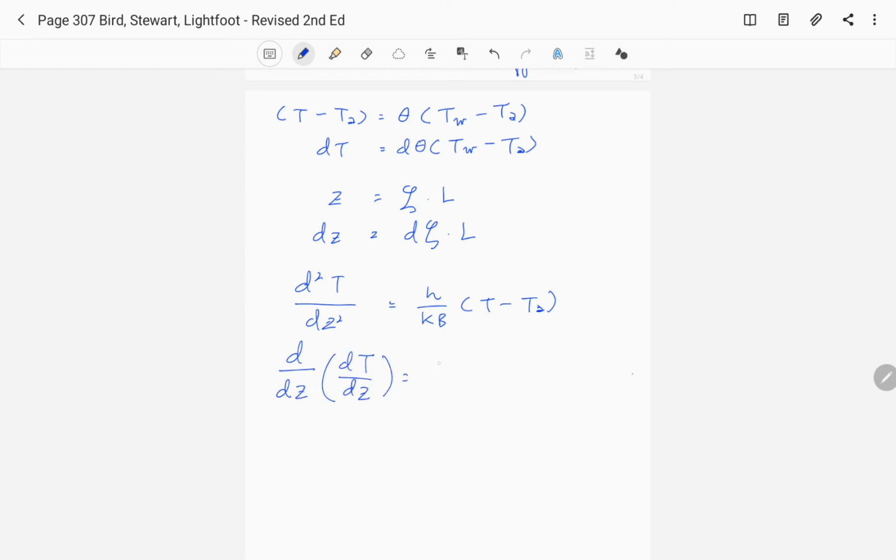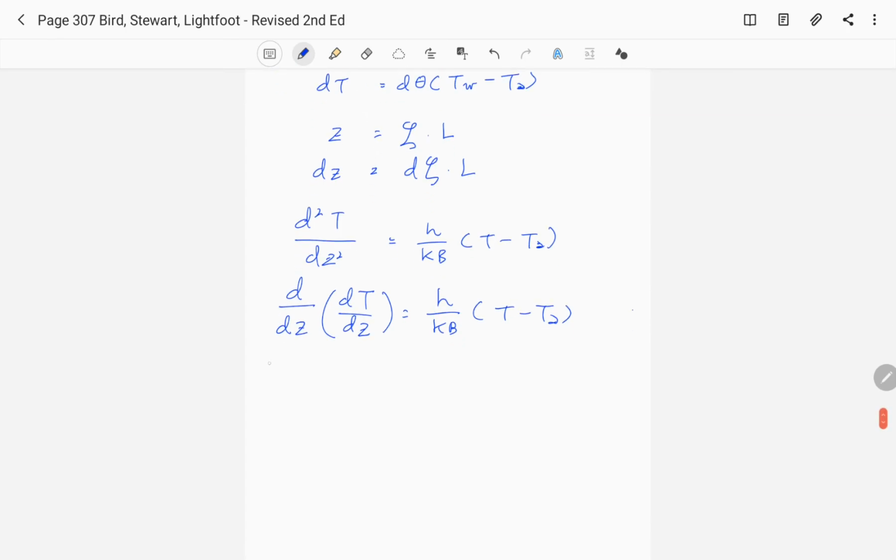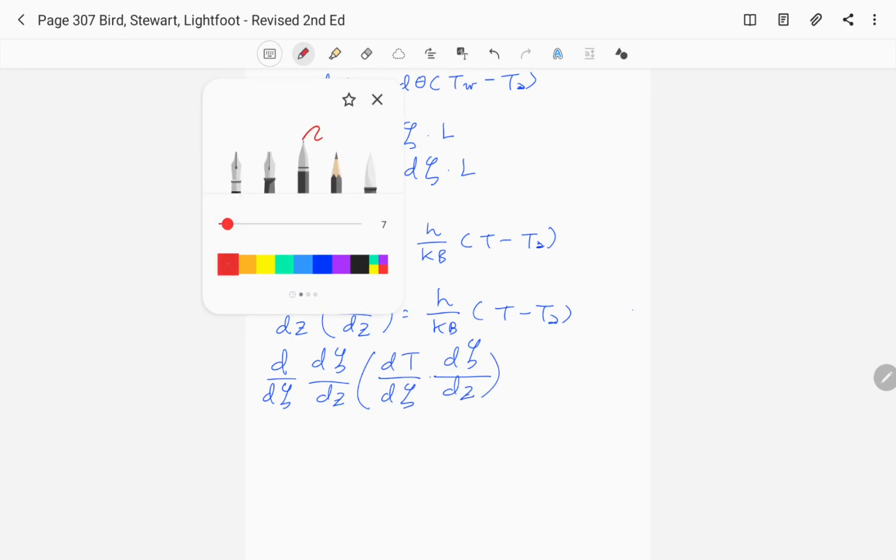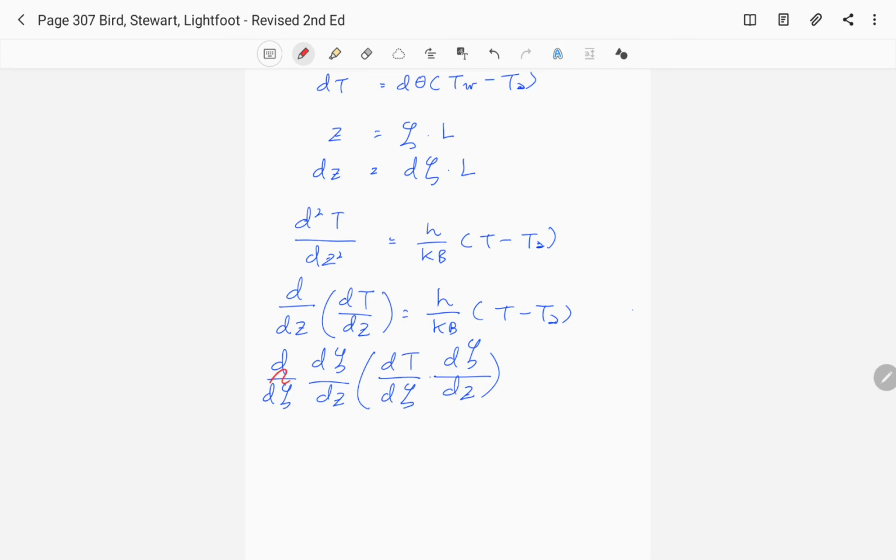Okay, and then this H over KB times T minus TA, and then we can use the chain rule in here, d phi over dz will be equal to this dT over this d, then this d over this dz. You need to note that in here these things divided by this, so this is basically equal to 1.